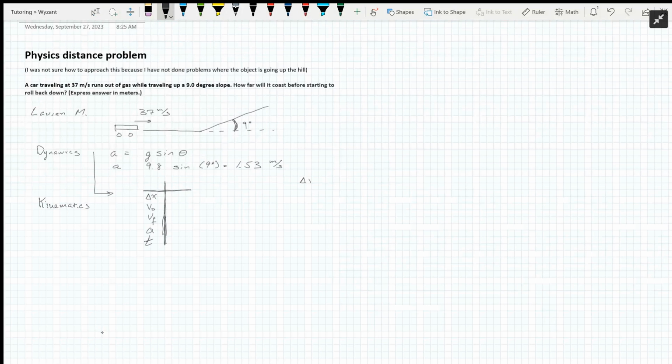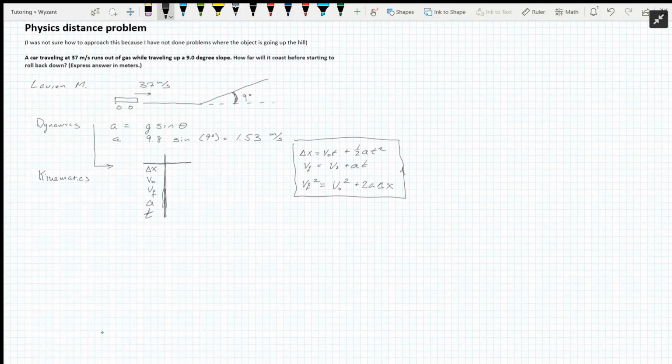The three main ones are delta x equals v naught t plus 1/2 at squared. Most teachers will let their students have these on the test. Vf is equal to v naught plus at. And finally, vf squared is equal to v naught squared plus 2a delta x. Those are our three main kinematics formulas, and they will work in any case where the acceleration is constant, or the change in acceleration is 0.